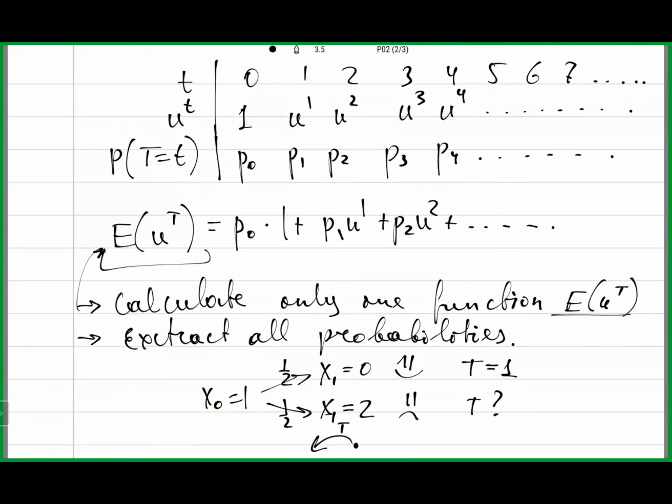It's not a moment generating function, but it can be transformed into a moment generating function. And when we write U to the power T, that means that we want to find an expected value of coming into 0 in T steps, right? Okay, so thank you. We are working with this function. I think now it's clear.